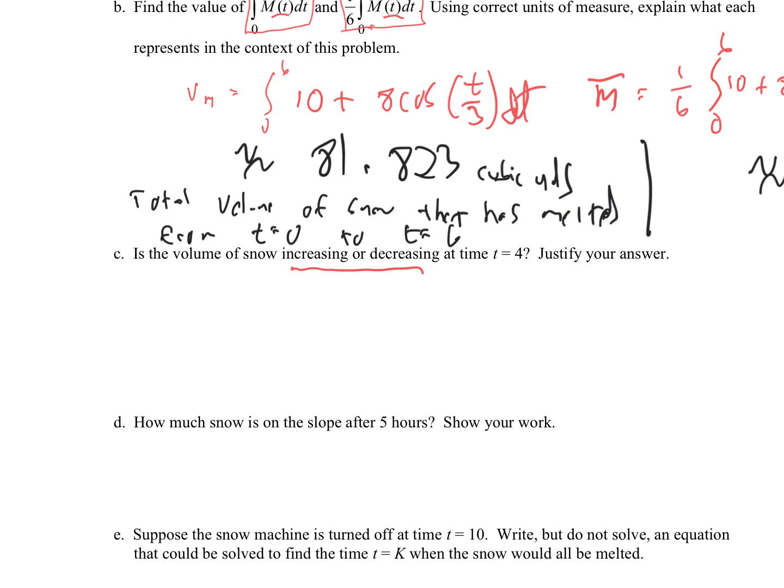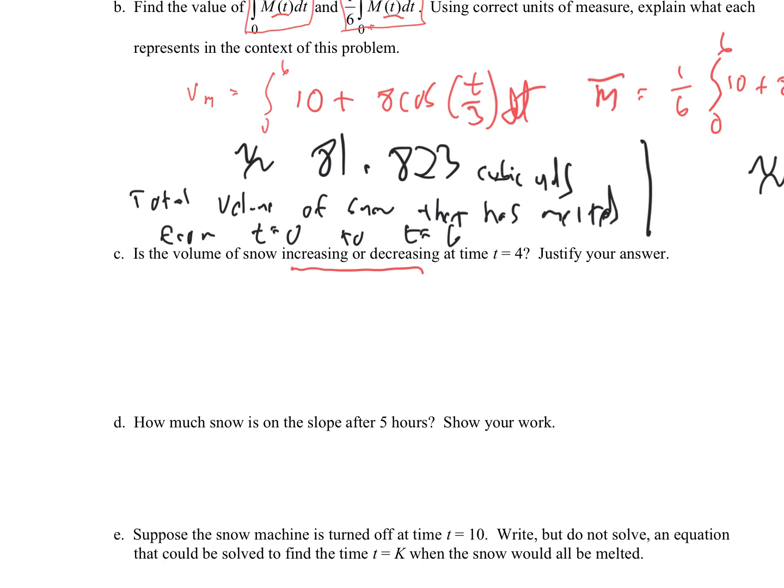Wouldn't I need to talk about the snow that's coming and the snow that's leaving? Isn't the volume of snow that's increasing or decreasing needing a derivative?